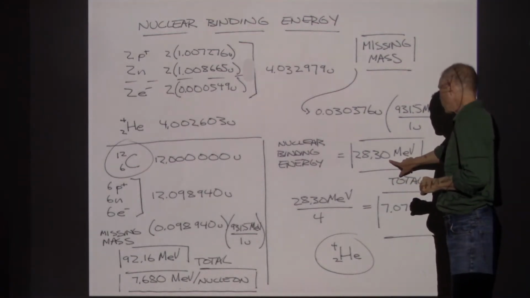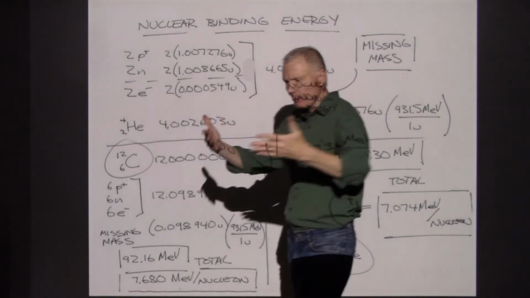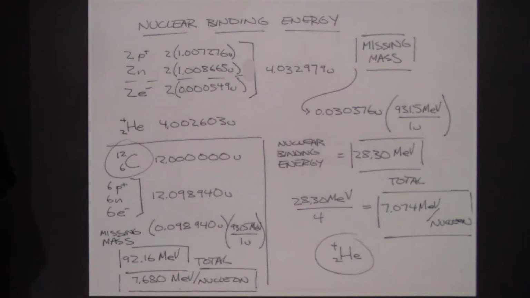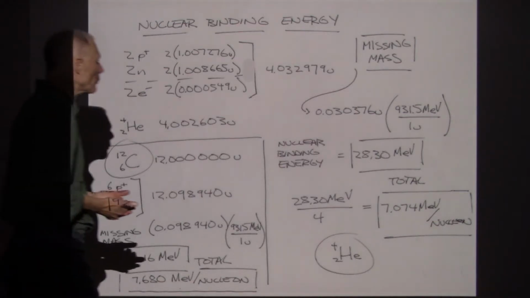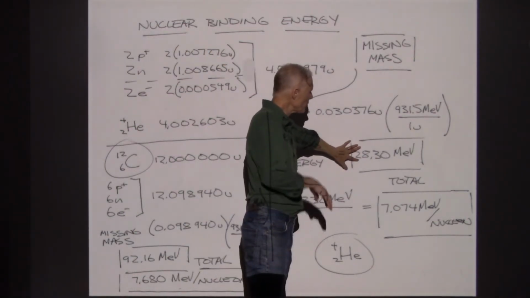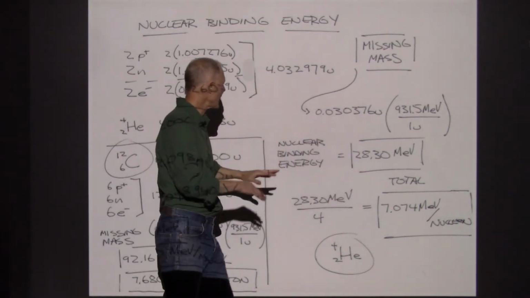That would now require 28.3 MeV of energy. I would have to have that much energy put in to disassemble the helium nucleus. And that makes it an overall binding energy for the entire nucleus. Now what we often do is we go, okay, that's the overall binding energy of the entire nucleus, just kind of averaged out.